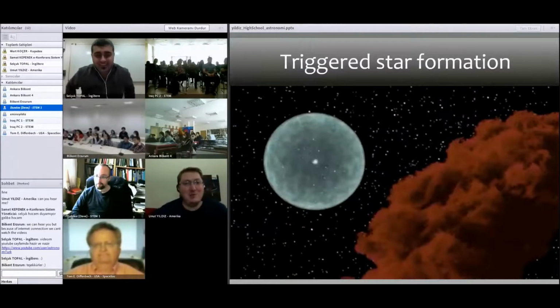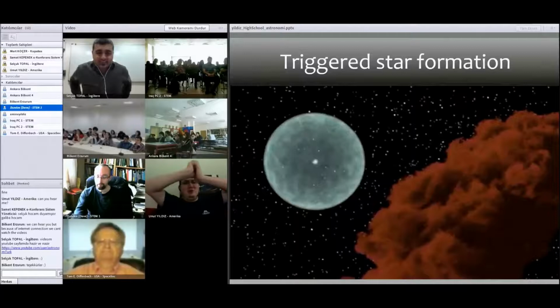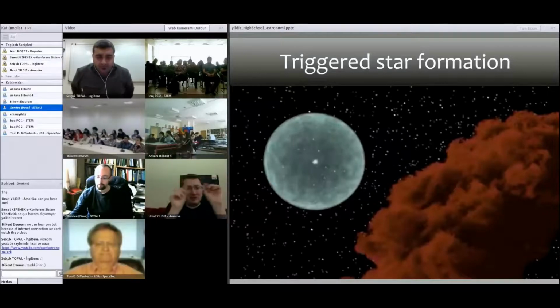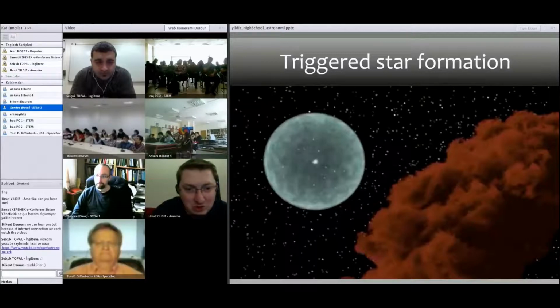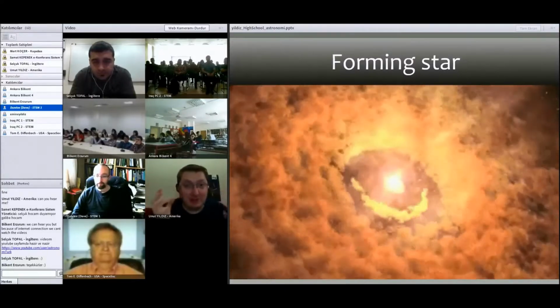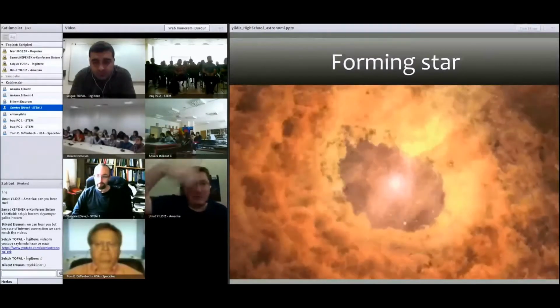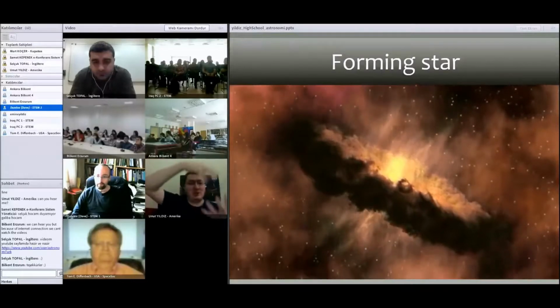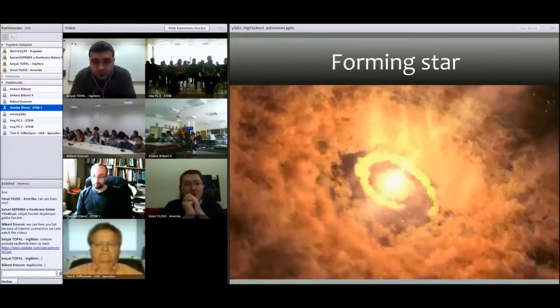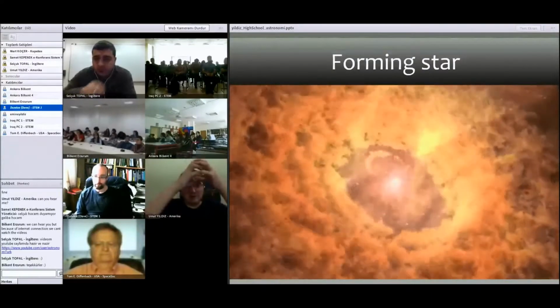Okay, great. So you see that a star is exploding, and then the shock wave hits this nebula, and then it creates dense regions, and with these dense regions it starts to form new stars in there. And then it continues with this rotation, with what we call an accretion disk. It creates a disk, and then this disk gets more and more powerful and bigger in the center.